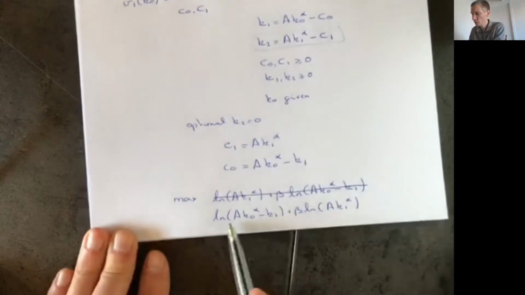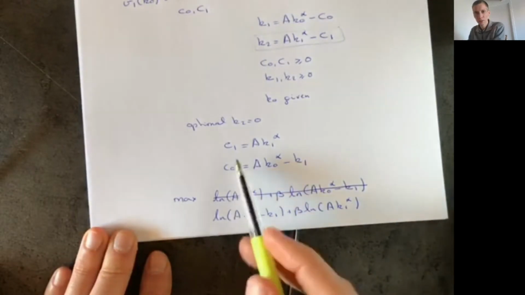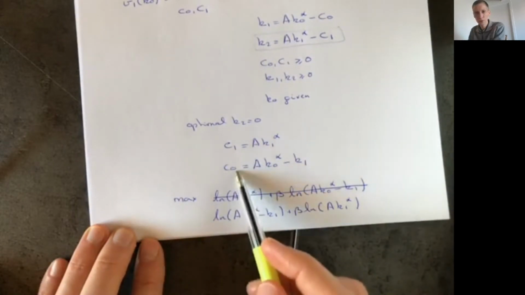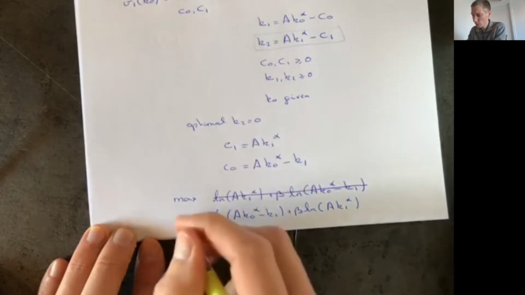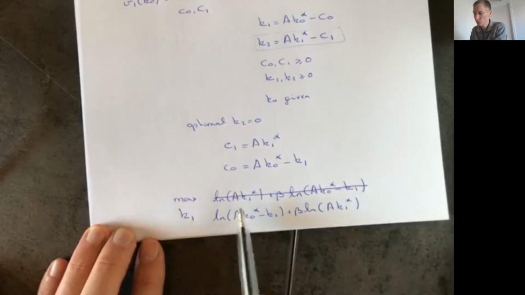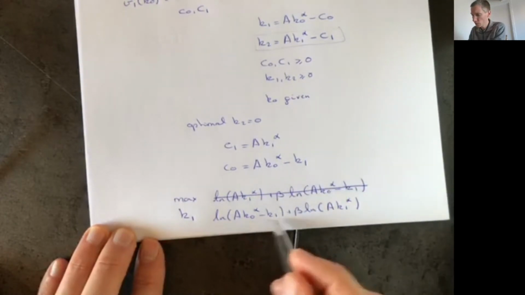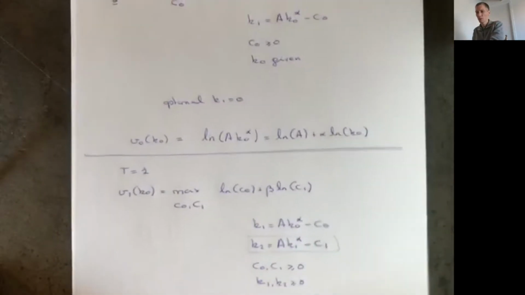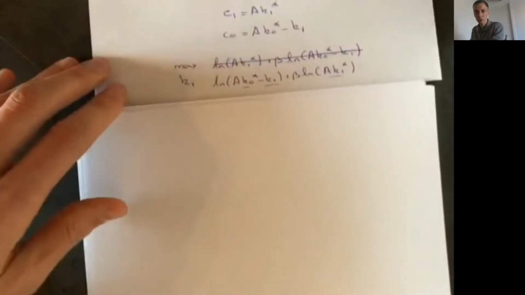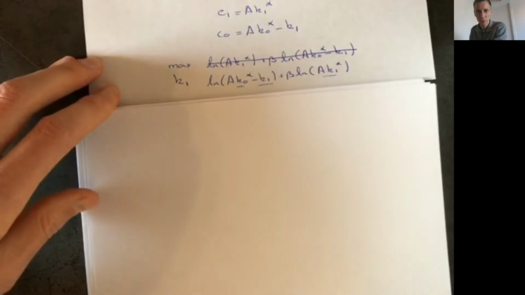Okay, and we're going to maximize this, and here we chose C1 and C0, but because of the substitution we lose one of the two variables, so we're going to maximize this with respect to K1, right? This is fixed, this is the only free variable in this maximization problem. So we can try to solve this using standard first order conditions, right?